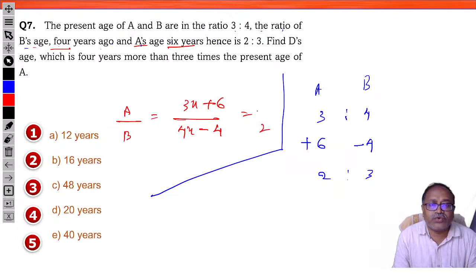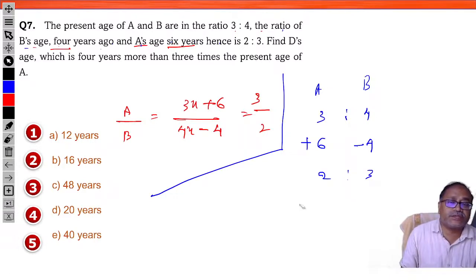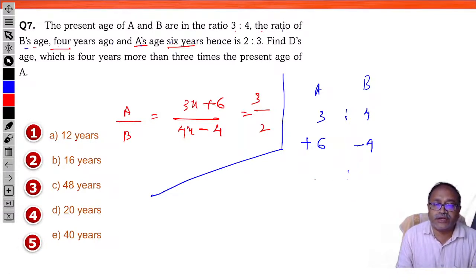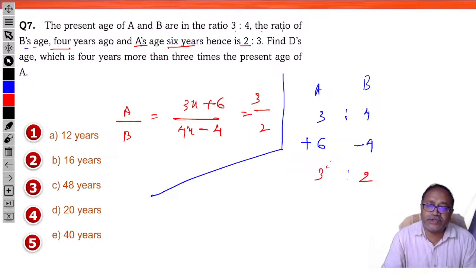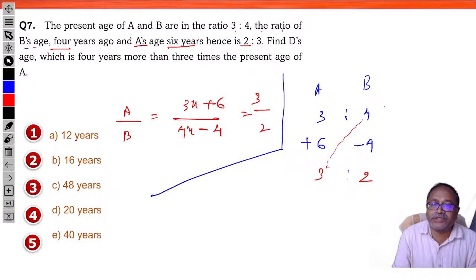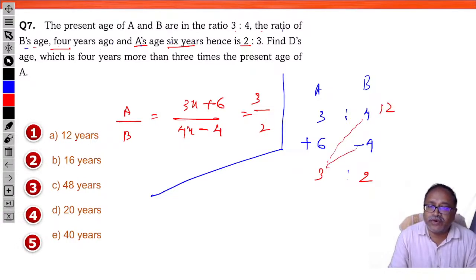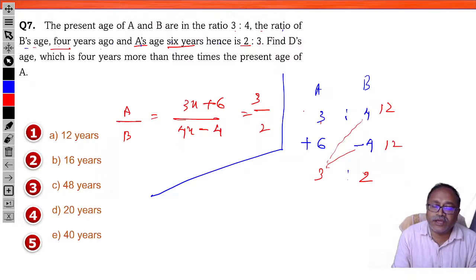B is 2, A is 3. Here the ratio got reversed. So let us take the reverse ratio over here. B is 2 parts, whereas A is 3 parts. So multiply this by 3, that's 3 times 4 is 12, and multiply by 2, 2 times 3 is 6, and 2 times 6 is 12.